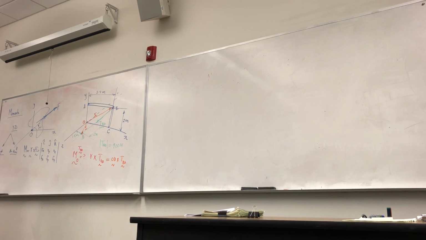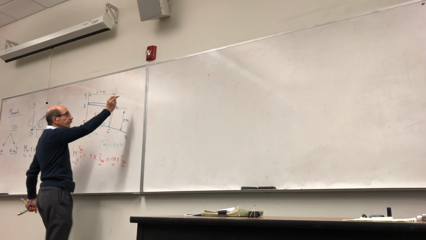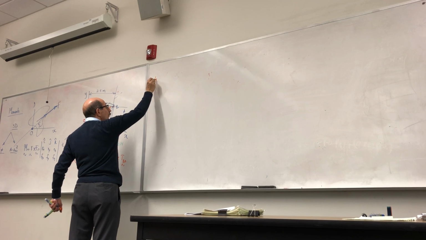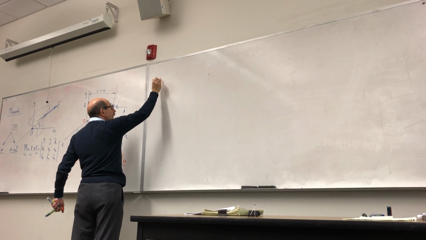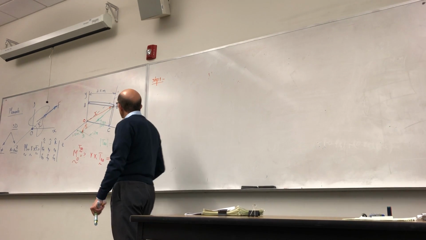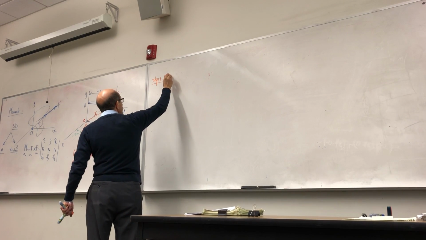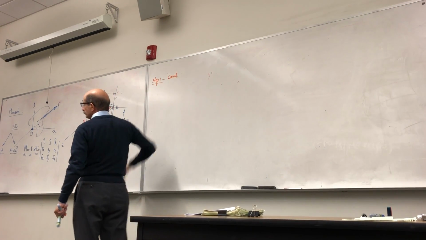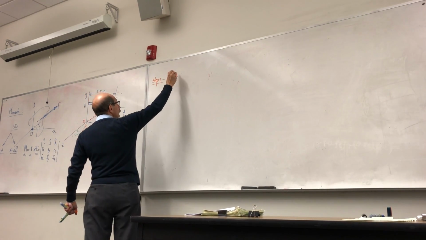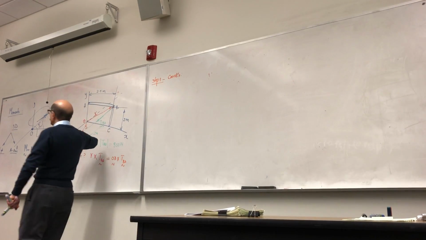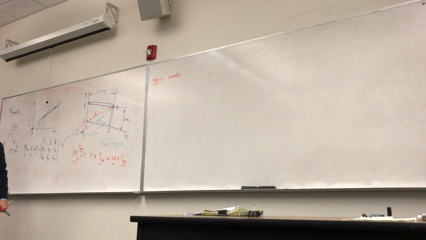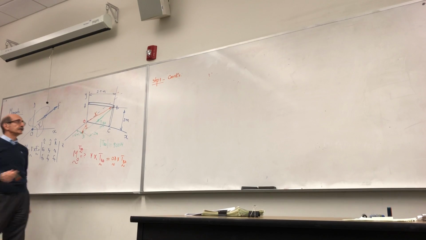So as the first step, step one, in all these problems, what do we do? Write the coordinates of all the important points that you have, so you can keep track of what you need to find out in the problem.